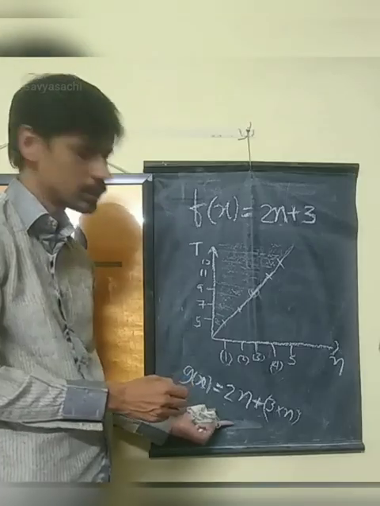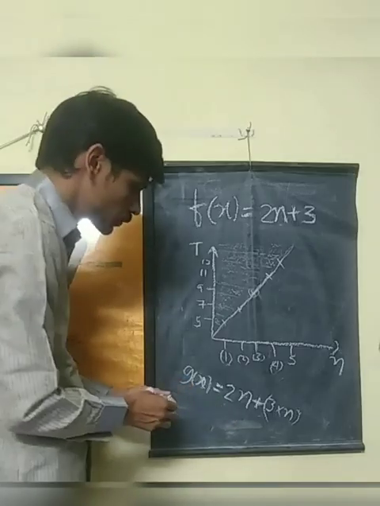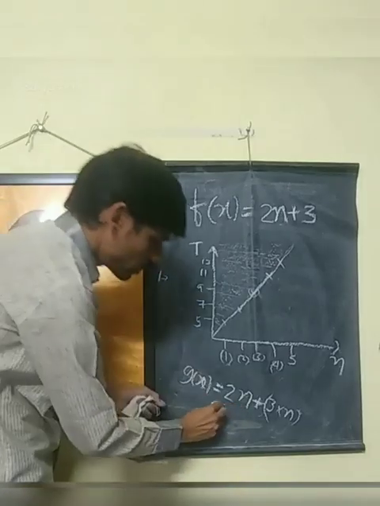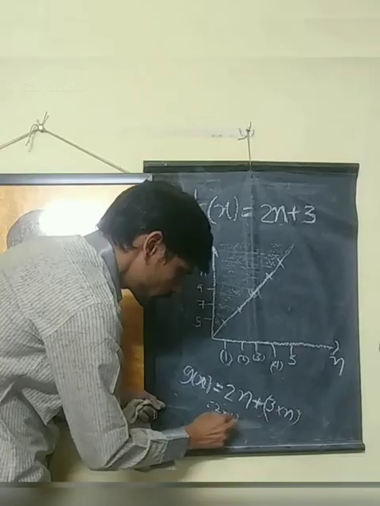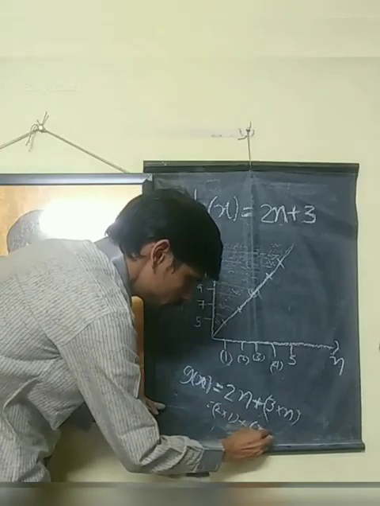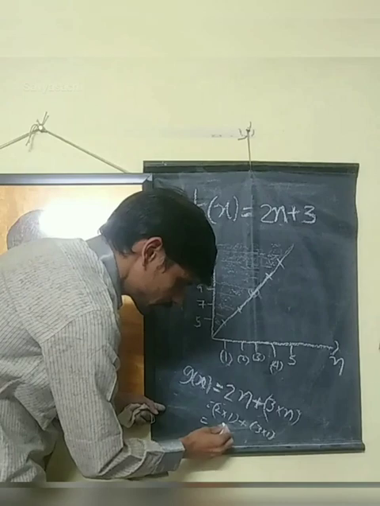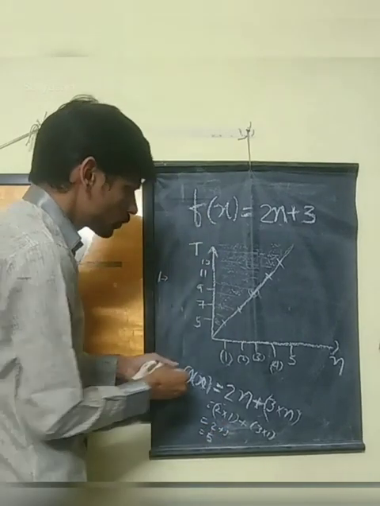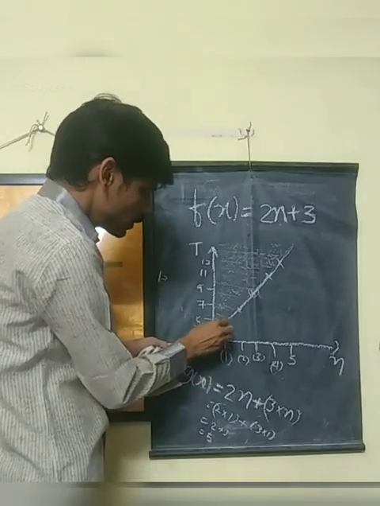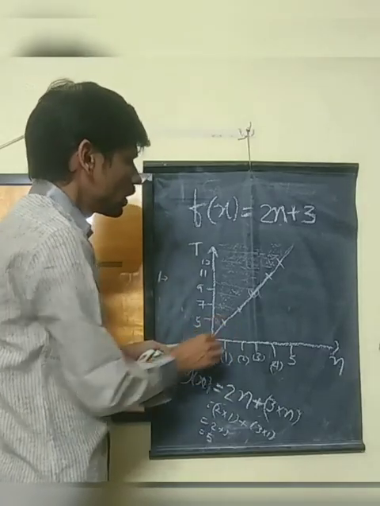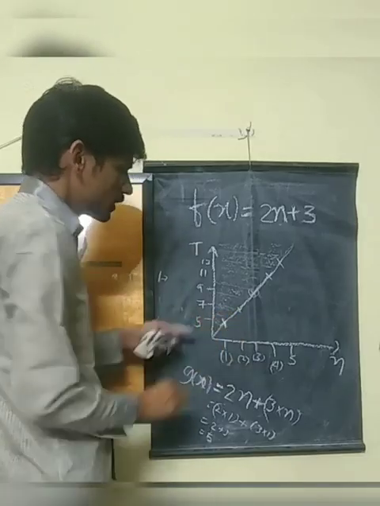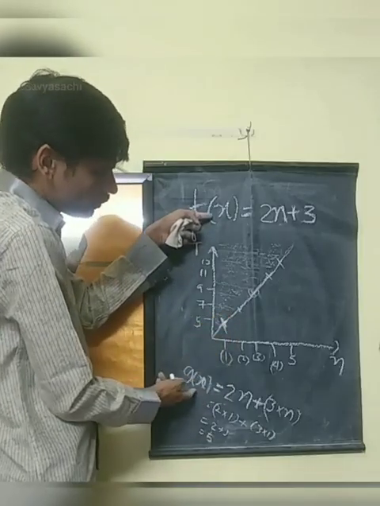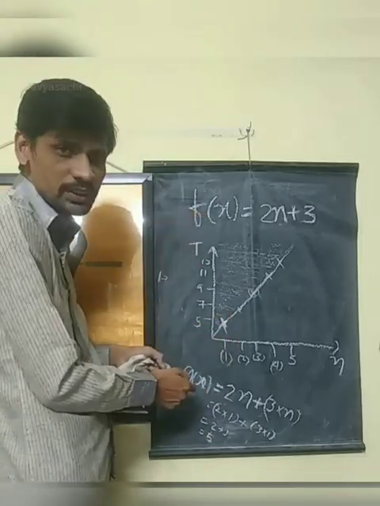Let's try to find out where exactly this will fall. Now if I pass 1 here, what will I get? 2 multiplied by 1 plus 3 multiplied by 1. What is my answer? 2 plus 3 equals 5, right? So for one value, if you observe, I got the same value for f of x and g of x, right?